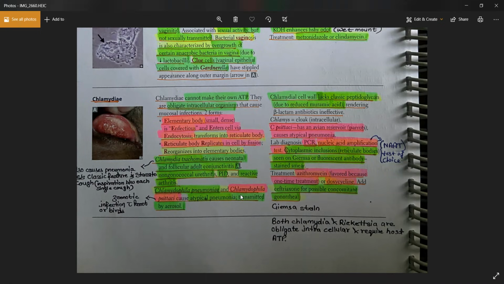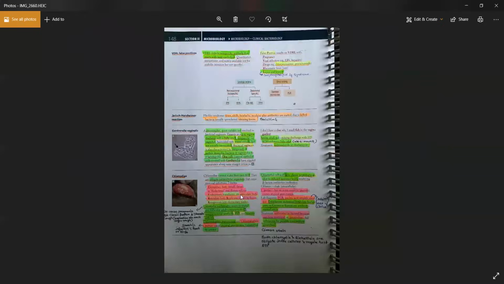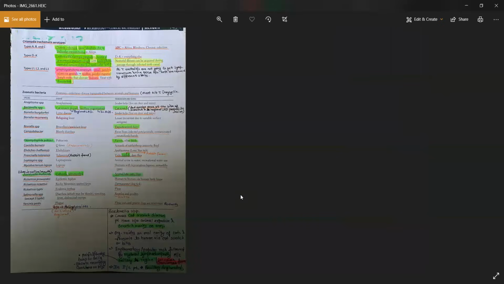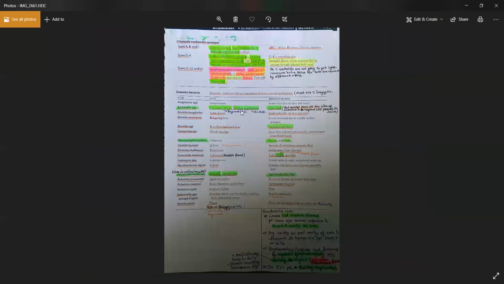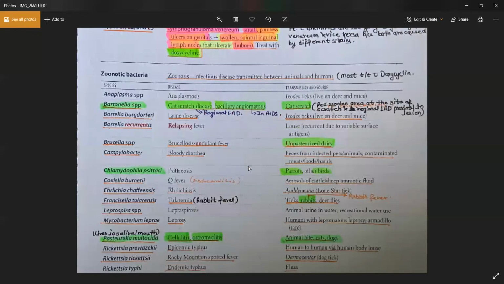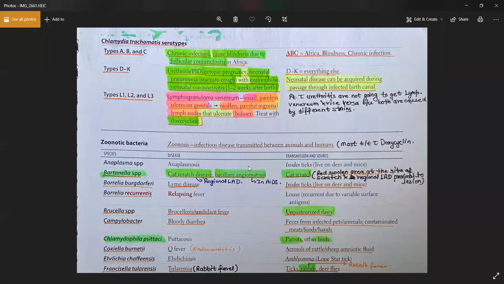Yeah, someone is saying something. In Chlamydia trachomatis serotypes, there is written eosinophilia. Why is there eosinophilia in an intracellular organism infection? Where? Types D to K. Yeah, in type D to K, there is eosinophilia written beside. Why is there eosinophilia in this infection?